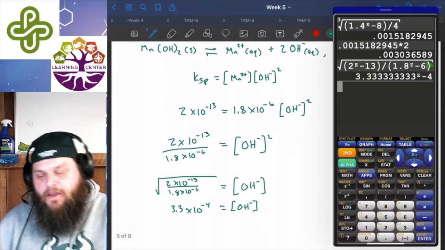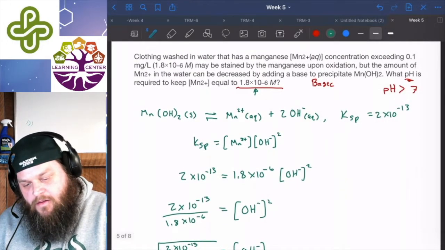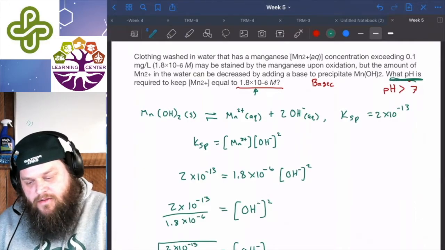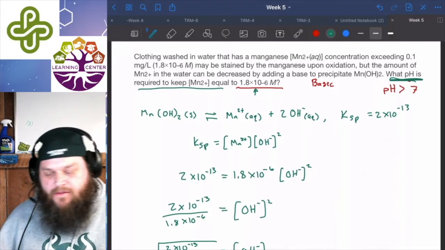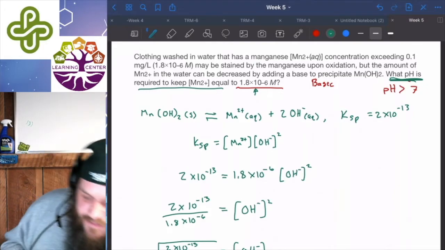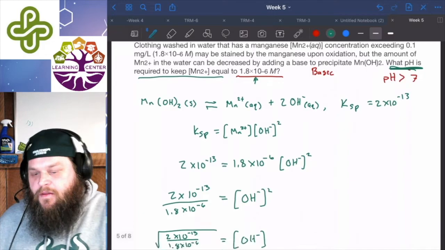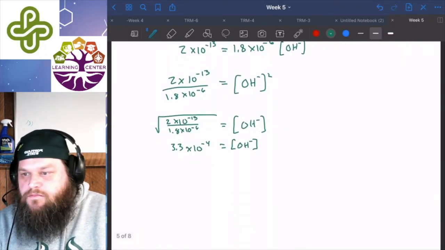But that's not what they were asking. They were asking at what pH is required to keep this. So we want enough base in there, basically, to keep it there. So how do we calculate the pH?